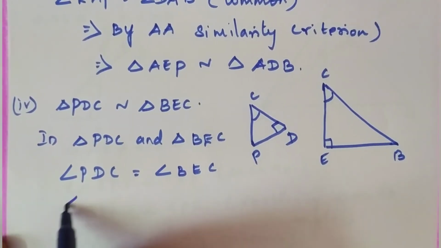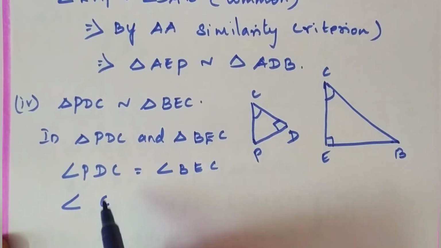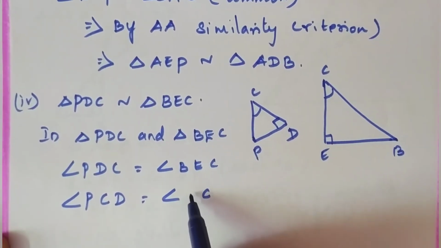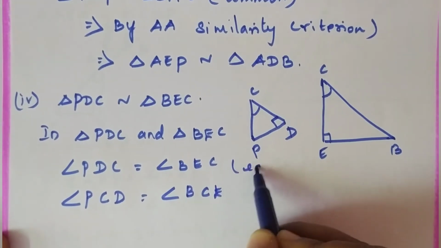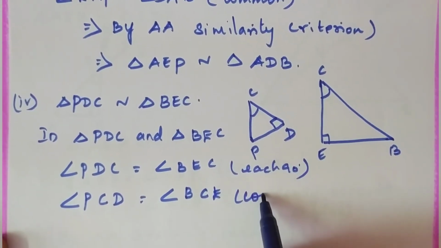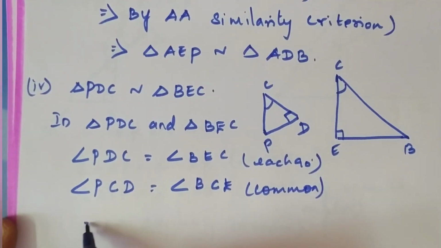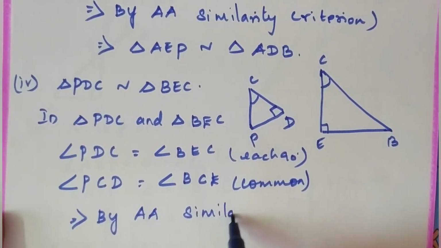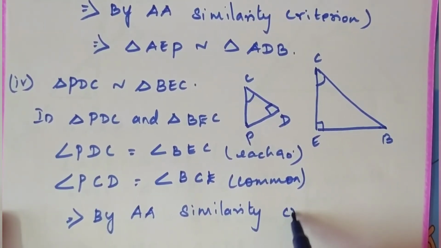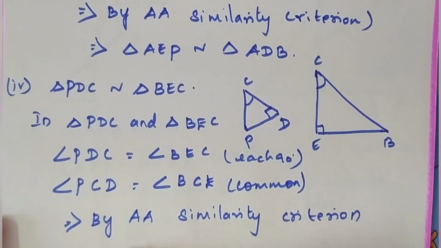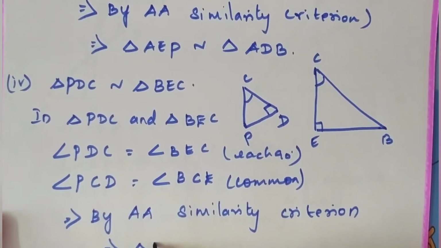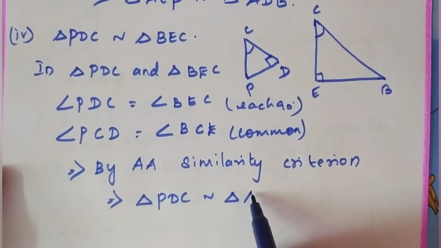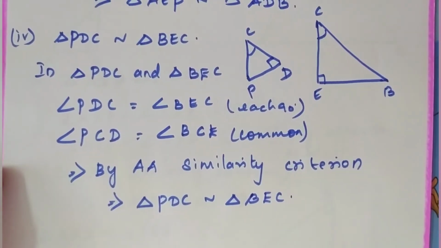First write 90 degrees, and then common is C. Each is 90 degrees, and this is common. So by AA similarity criterion, triangle PDC is similar to the triangle BEC. Clear all of you?